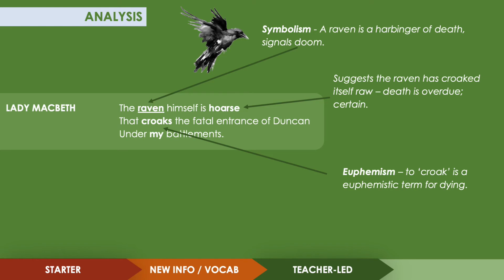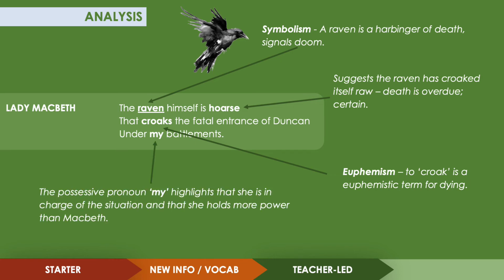Here, instead of referring to someone dying, it refers to croaking. Other euphemisms for death include kick the bucket, passed away, or left this world. A modern interpretation of this euphemism could imply that Lady Macbeth wishes to obscure her intentions to murder King Duncan from herself and therefore the audience.